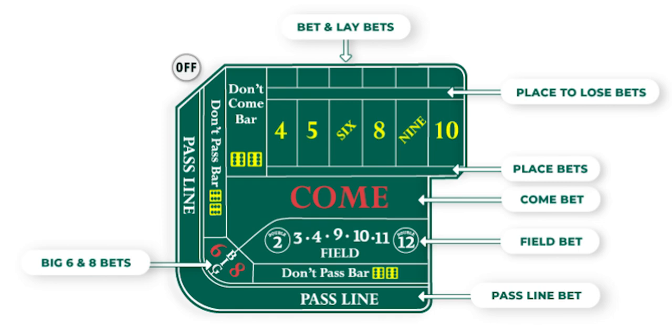All right, if you look at this graphic I have up, it has the basic definition in terms of parts of the table, right? So we'll start at the bottom right there where you see pass line bet. Pass line is basically your bet.